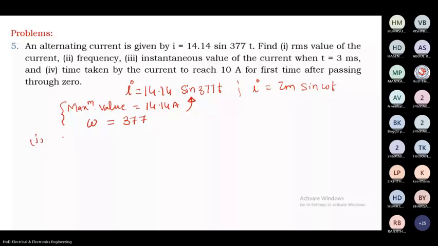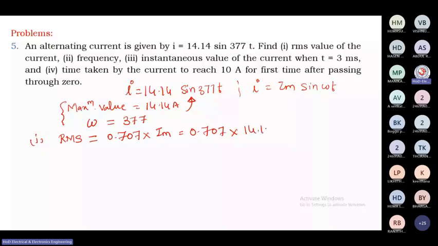So what is the formula to find the RMS? 0.707 multiplied by the maximum value. So that is 0.707 multiplied by 14.14.